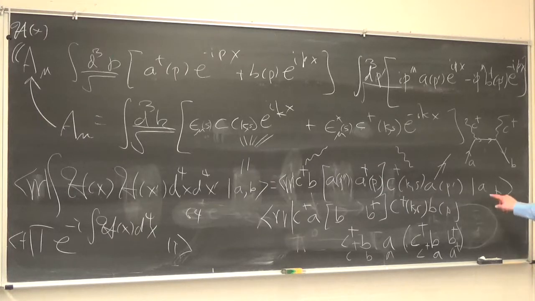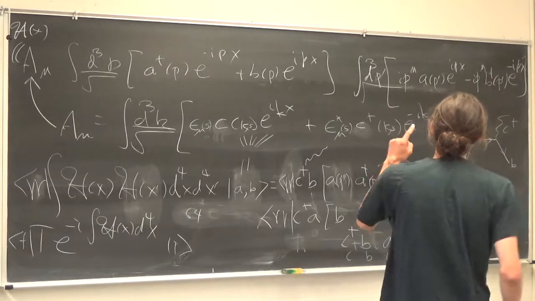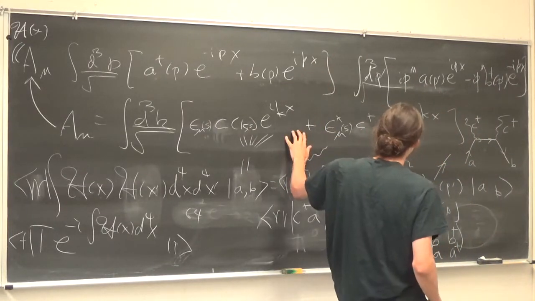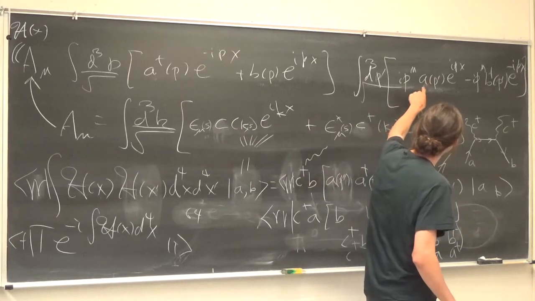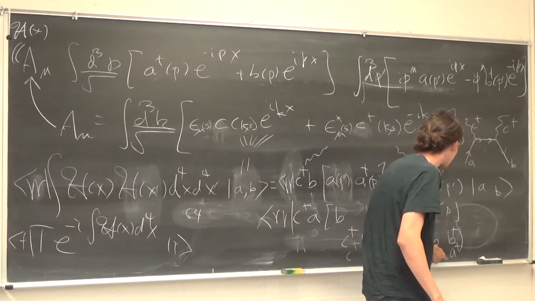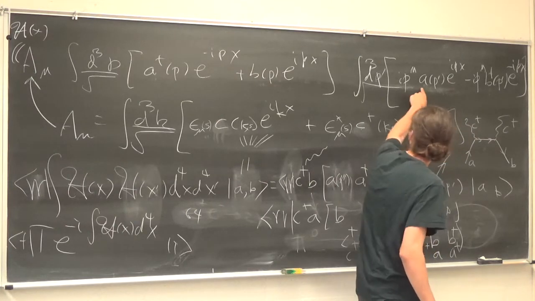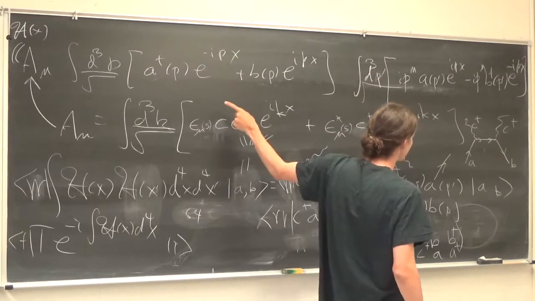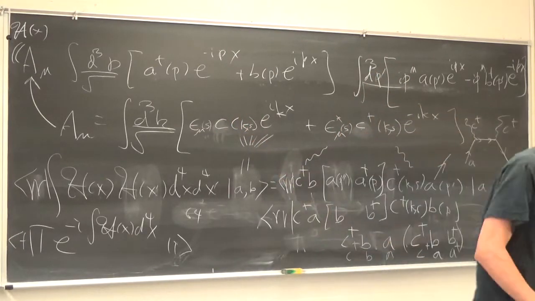Well, the initial state has an A dagger and a B dagger in it. Yeah, but you have this times this times this in that order, right? And so the first thing that you choose either has to be an A or a B dagger. So I don't think that we can have an A dagger come first, then an A. You could have an A and then an A dagger, but you couldn't have an A dagger then an A, right?